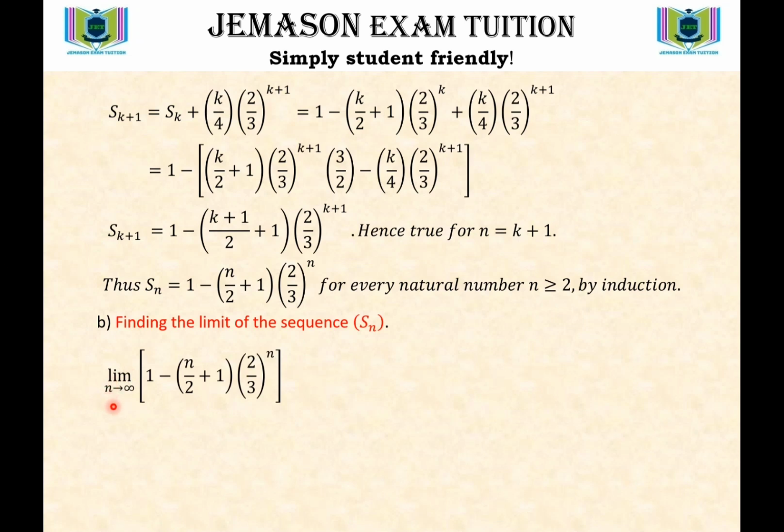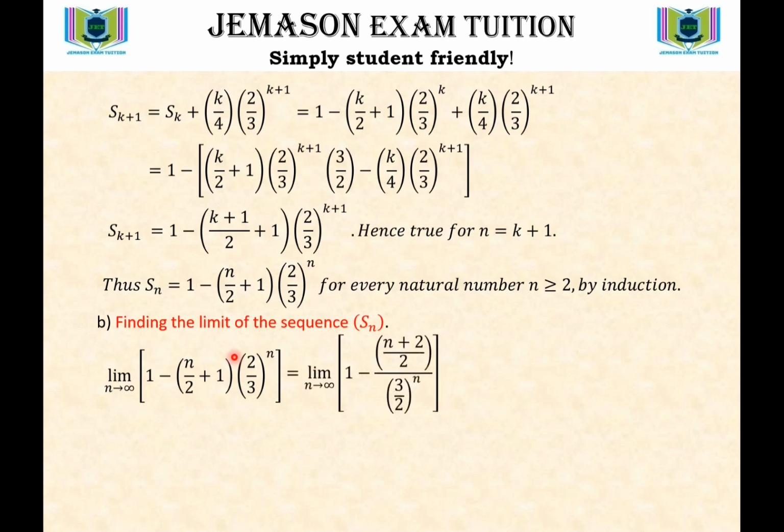If you do a direct substitution, you will have that the limit as n tends to infinity of n over 2 plus 1 will be positive infinity, and the limit as n tends to infinity of 2 over 3 to the n will be 0. Infinity times 0 is indeterminate, so we have to manipulate the expression in order to arrive at the limit.